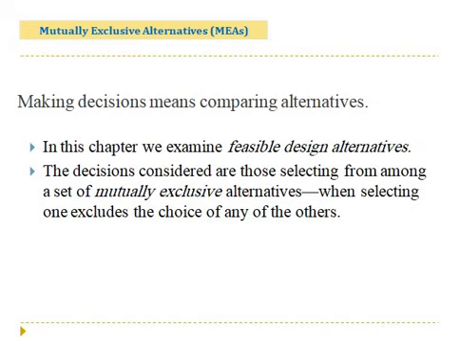So I need to choose only one alternative. It's not logical to choose them all. So in this case, I'm choosing one project among a set of mutually exclusive alternatives. When I choose one, it eliminates all the rest.